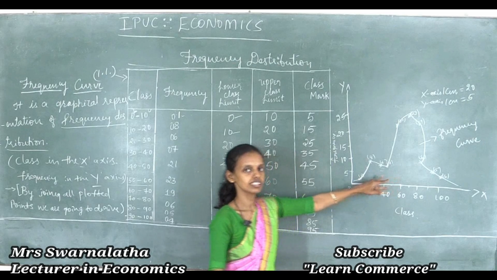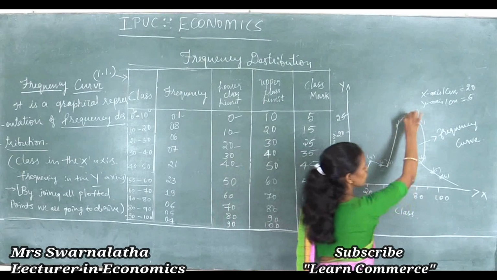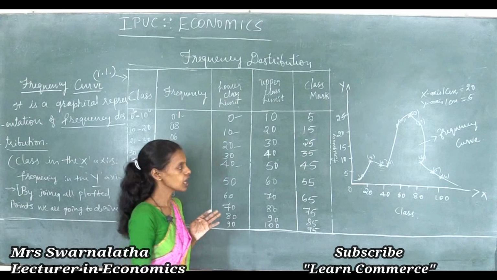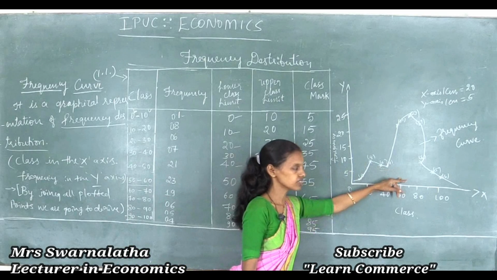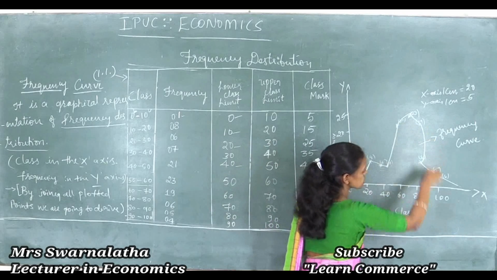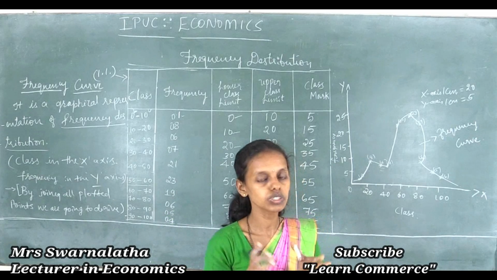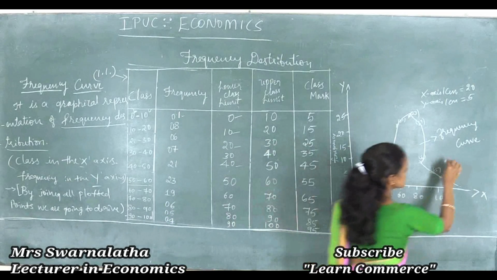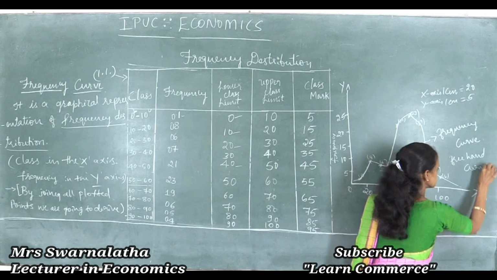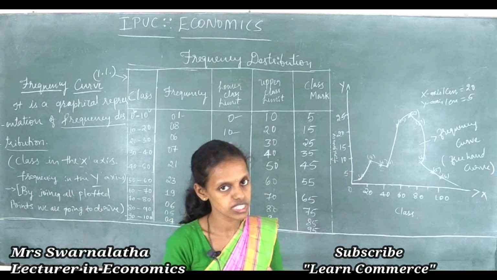You can easily see how to obtain the frequency curve by joining all the plotted points on the OX and OY axes. With the help of the graph we obtain a frequency curve. After joining all the points, we get the smooth freehand curve, which is also said to be the frequency curve.